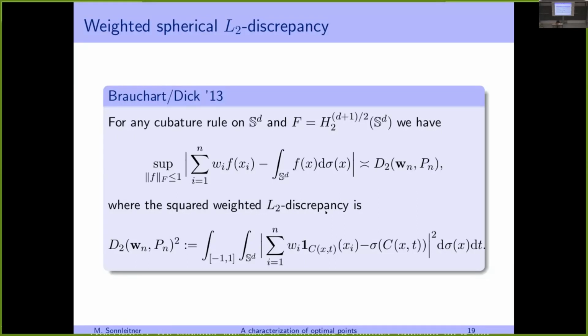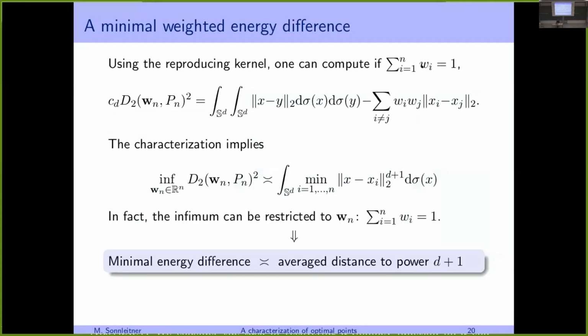Right. Okay. But for the following, I want them to sum up to 1, namely if one wants an analog of Stolarsky's invariance principle, one assumes that the weights sum to 1. Then one can compute that this weighted discrepancy squared is in fact this energy difference, where we take not the measure putting equal mass on the points, but weights.